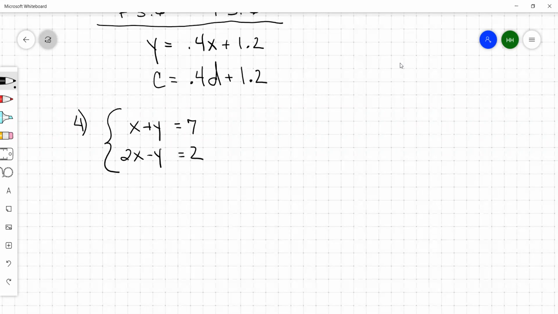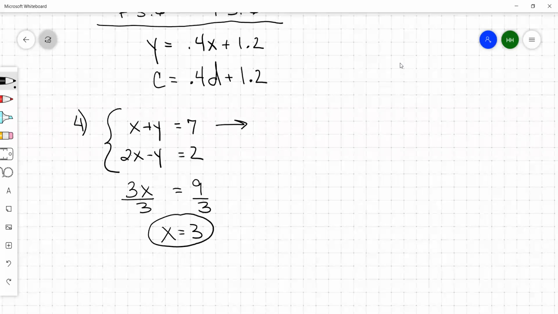If you combine these two equations, x plus 2x is 3x. Positive y minus y is 0, so your 3x equals 9, and you can divide by 3, and your x equals 3. If you know that x equals 3, you go back to either equation, and where there's an x, you put a 3.